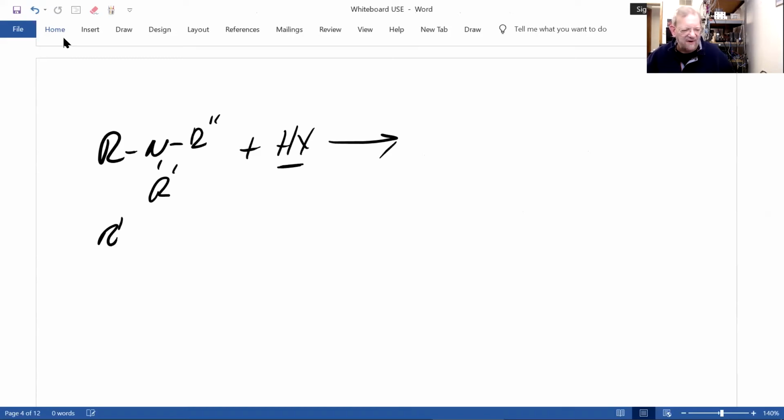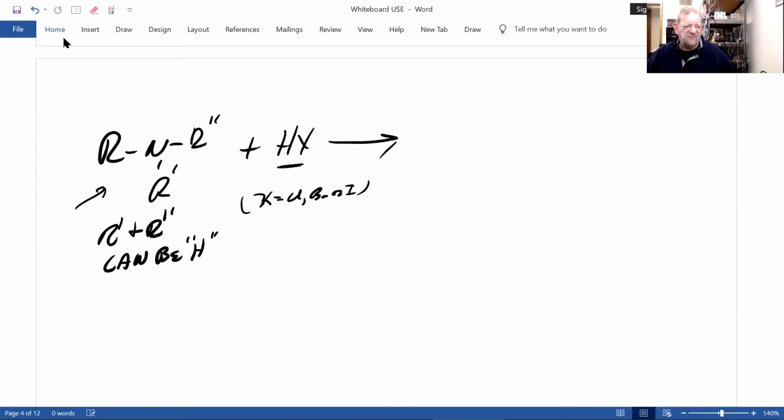And here R prime and R double prime can be hydrogen, one or both, which means primary, secondary, tertiary amines. This covers it all. X can be here chlorine, bromine, or iodide. This is a base. We have an acid. We make an amine salt.